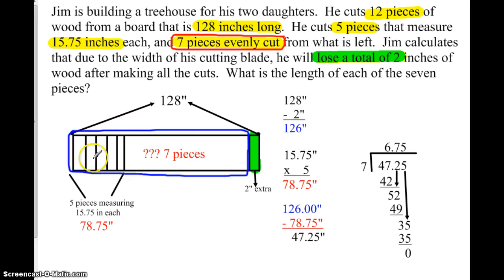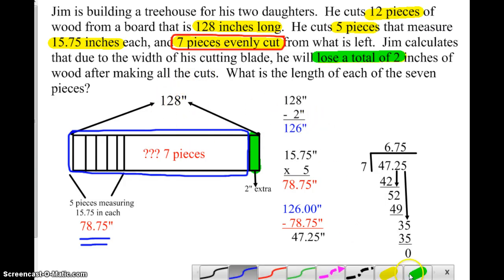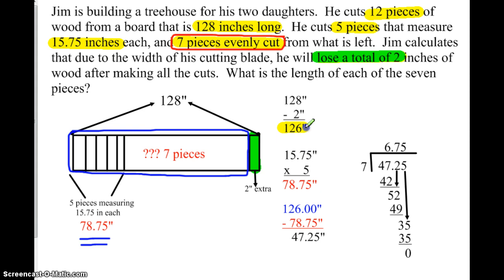I know these 5 pieces are 15 and 75 hundredths of an inch each, which will give me a total of 78 and 75 hundredths of an inch for all 5 pieces. My next step is I take the 126 inches that I have up here, okay, because that's the total number I'm actually working with.